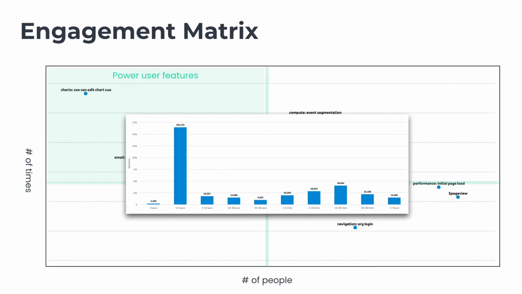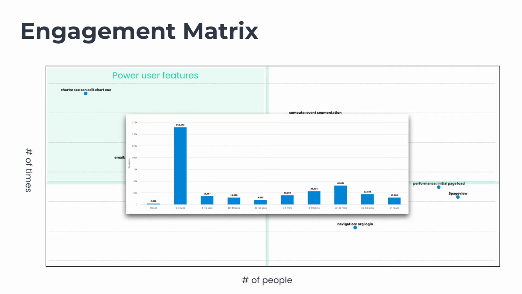Similarly, if you go diagonally up to the top left quadrant, those are your traditional power user features. They're not adopted by everybody, only by a small group of people who love and find value in that feature. But if they find value, they'll use it over and over again. That's why they're in the top left.